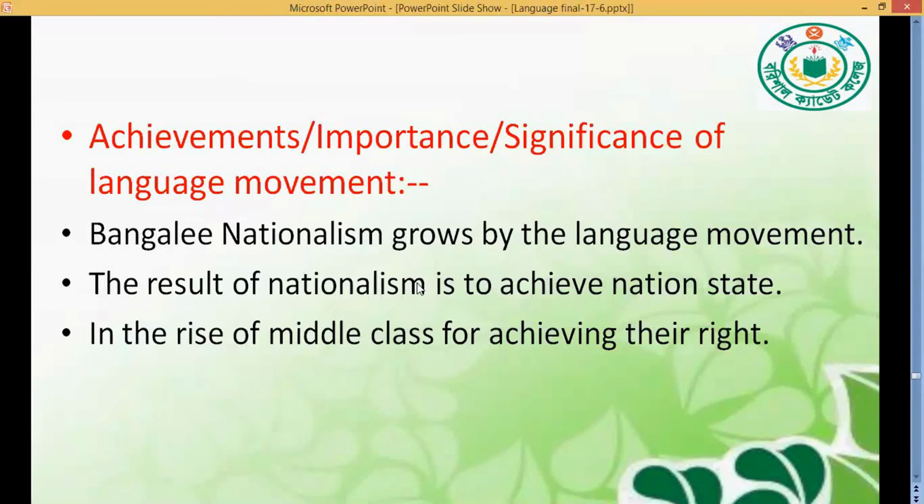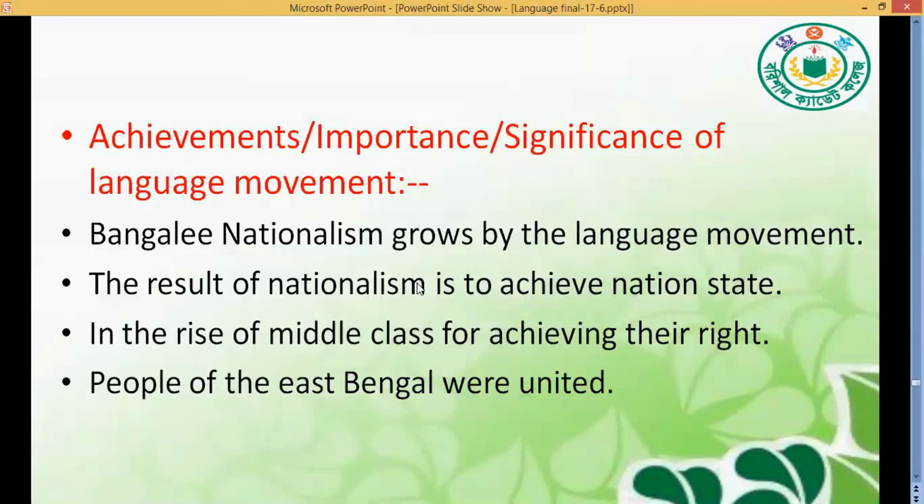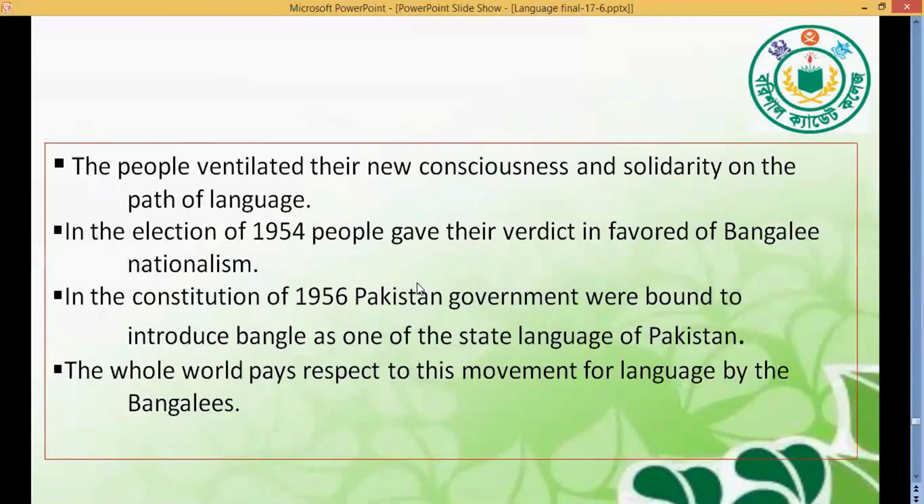Number 3, in the rise of the middle class for achieving their right, people of East Bengal were united. The people ventilated their new consciousness and solidarity on the path of language.